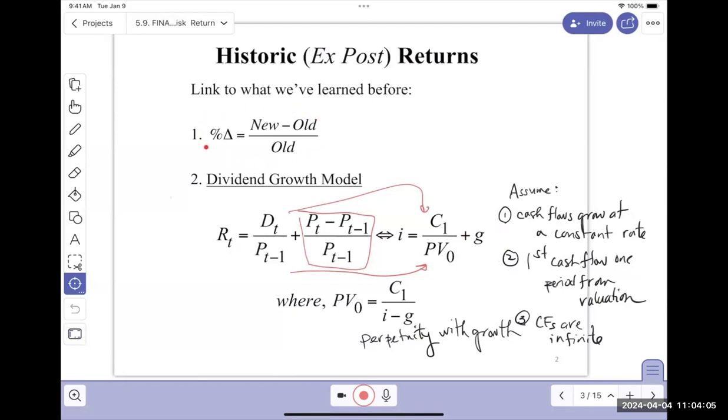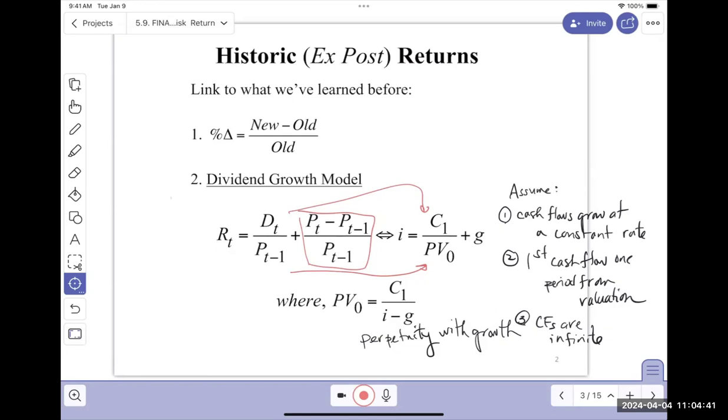If you've ever seen this before, in economics, often there's an estimate of percentage change, and it's calculated by taking the new value minus the old value divided by the old value. And you can do that for different economic variables to come up with indicators or estimates of percentage change. But we're going to summarize that as G because it's a constant rate forever.